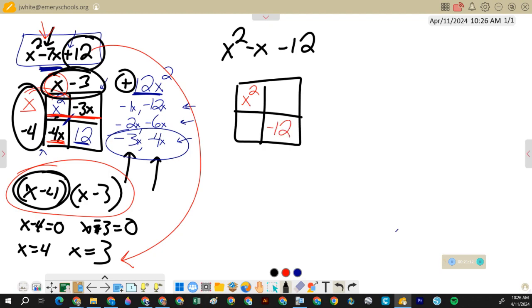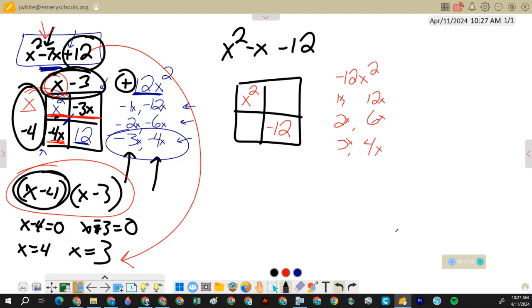Multiply those together. Negative 12x squared. Write down all the factor pairs of 12. 1 and 12, 2 and 6, 3 and 4. But they also need x's. So it's 1x, 2x. Anyway, all of them get x's.